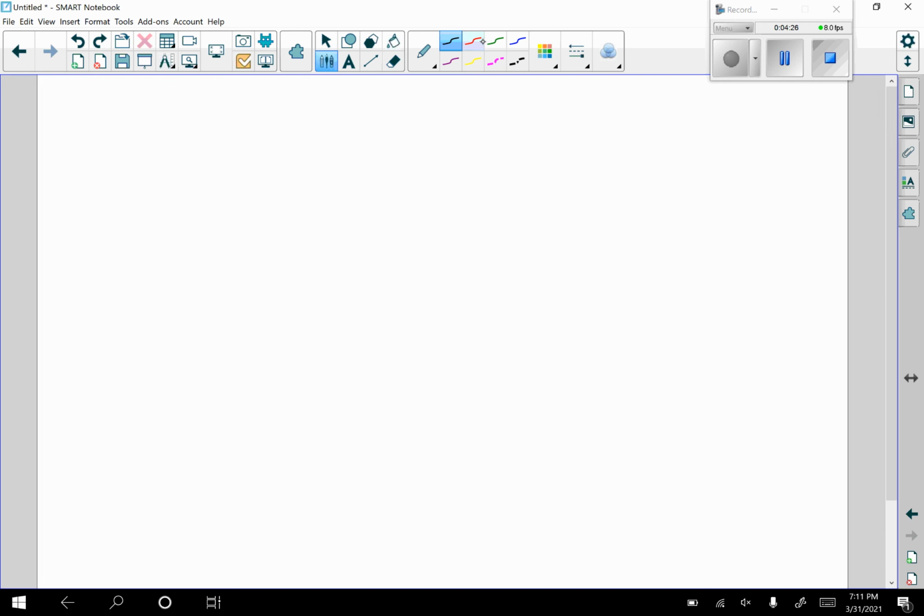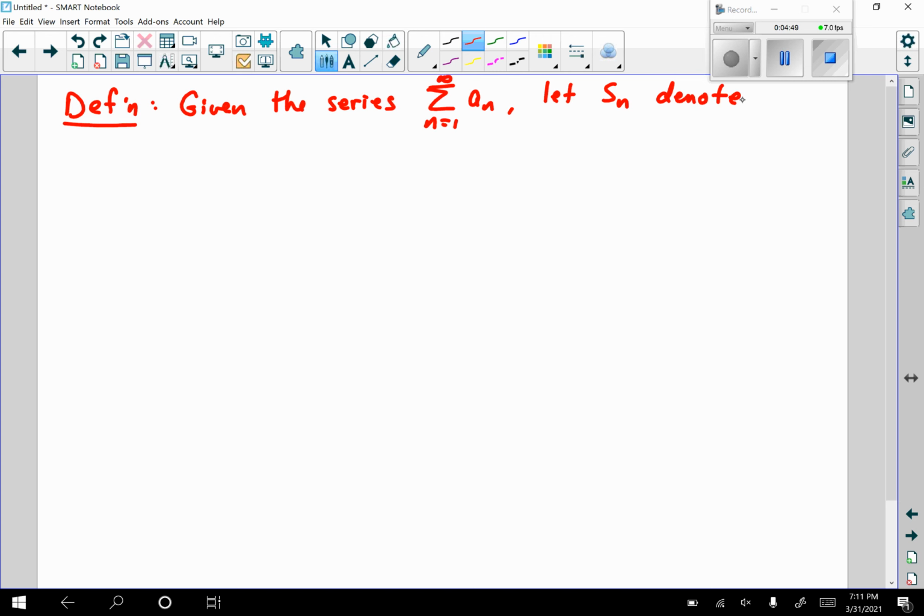All right, let's take a look at a definition. Given the series, which will be denoted by the summation as n goes from 1 to infinity of a sub n, we're going to let S sub n denote its nth partial sum.